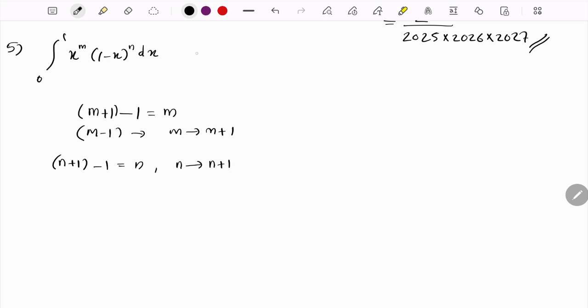So this integral we can write as beta of m plus 1 comma n plus 1.